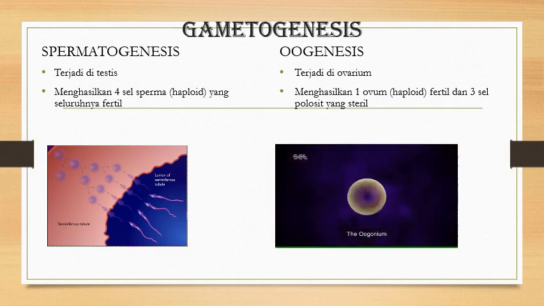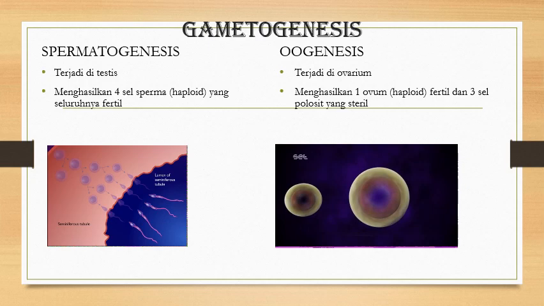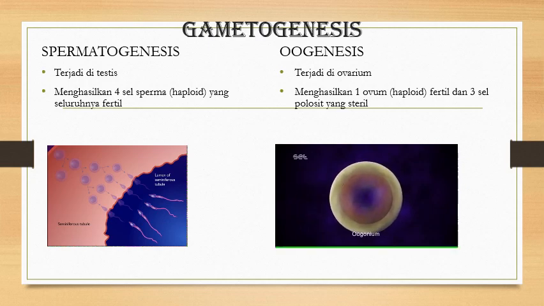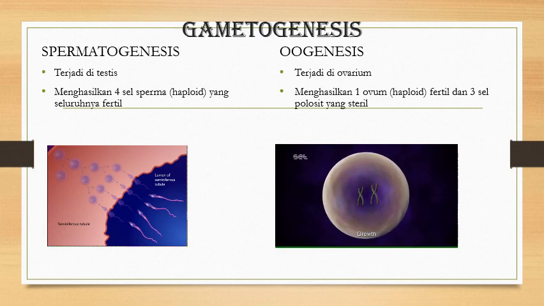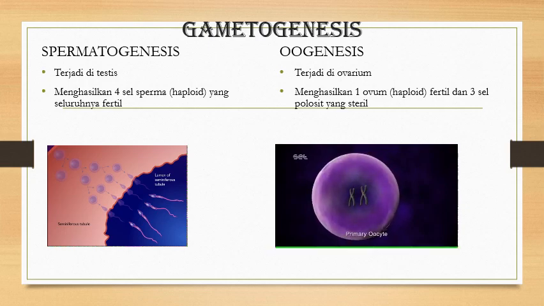The oogonium multiply through mitosis before the female reaches puberty. The oogonium grow and develop to prepare for meiosis. These cells are called primary oocytes.